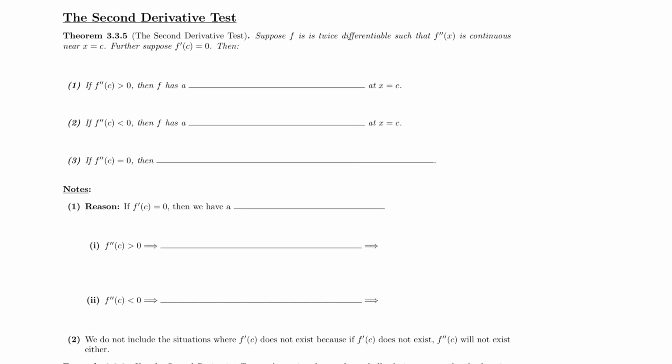So if f double prime is greater than 0, so you are concave up, and f prime is 0, and f double prime is positive, you have a relative min.